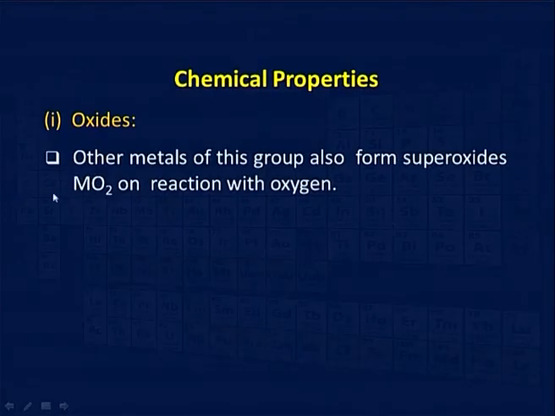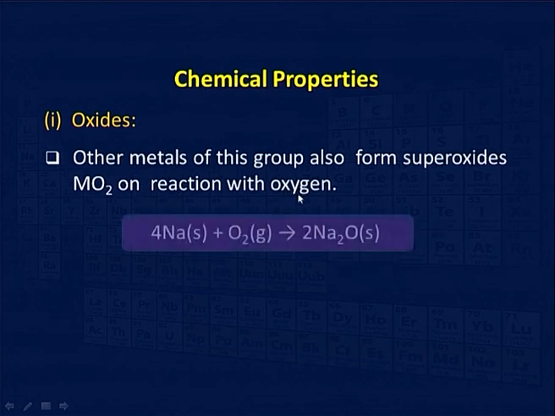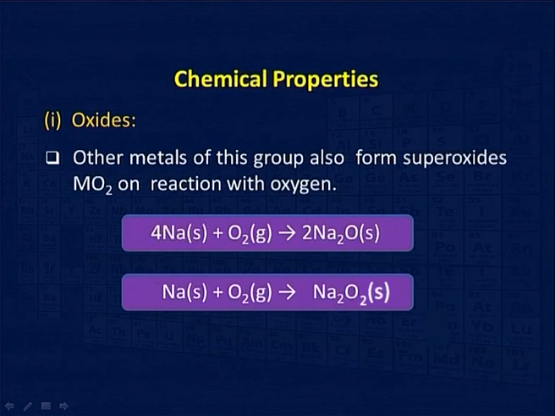You can see potassium can form 3 types of oxide, including this MO2 type, which is called superoxide. This can be formed by potassium, rubidium and cesium, all 3 can form this, but not lithium and sodium. Na can form normal oxide and peroxide.